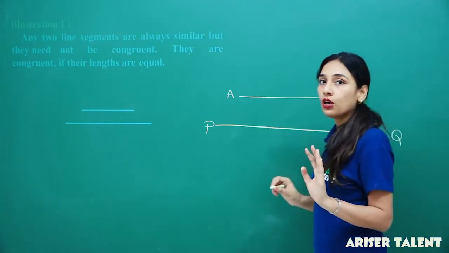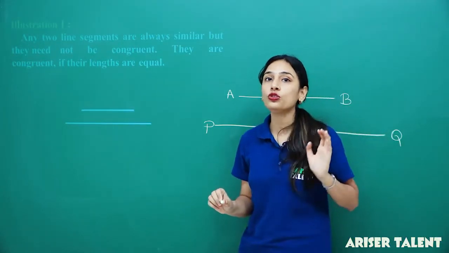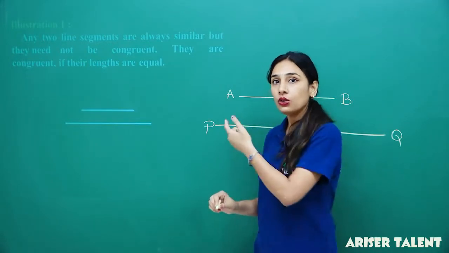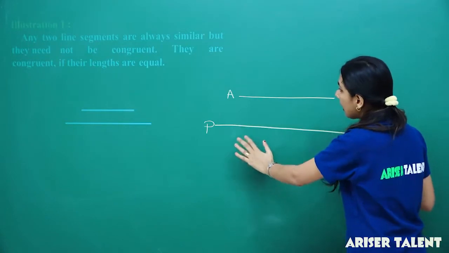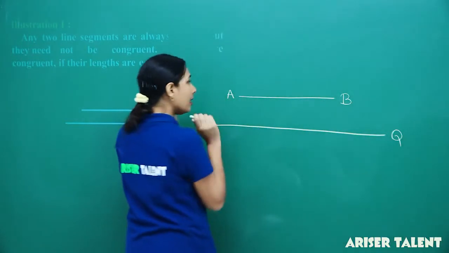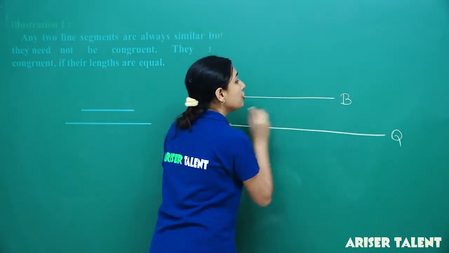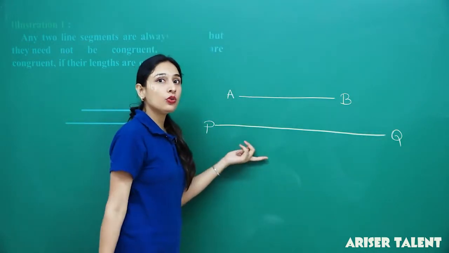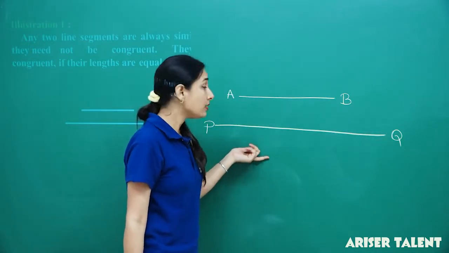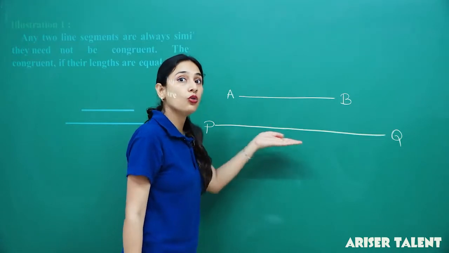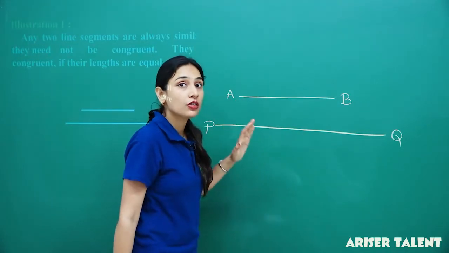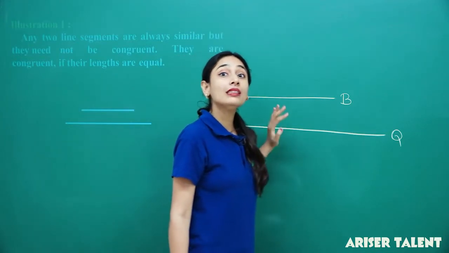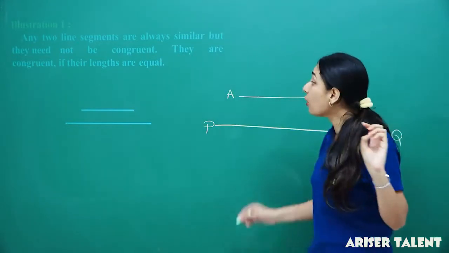I've told you about congruency, I've told you about similarity. Now look at this. You can simply look at this and say that, ma'am, yes, the shape of AB and PQ is the same. There is no other way to draw a line, it's always the same. So, two lines are always what? Similar, but not necessarily congruent.